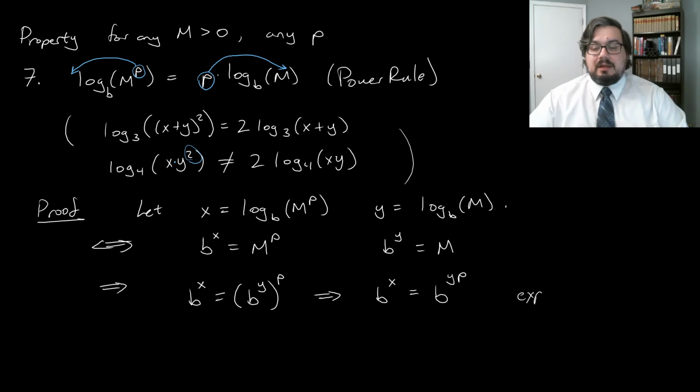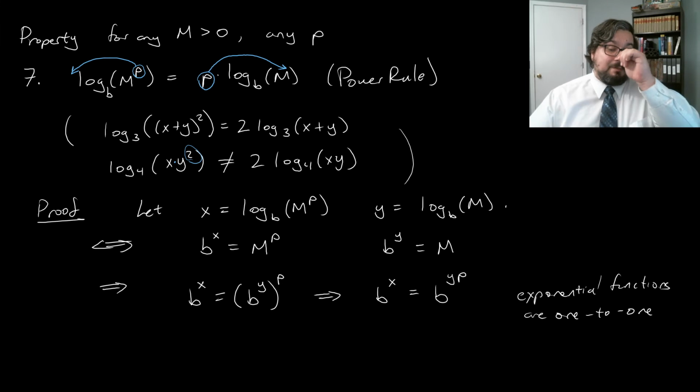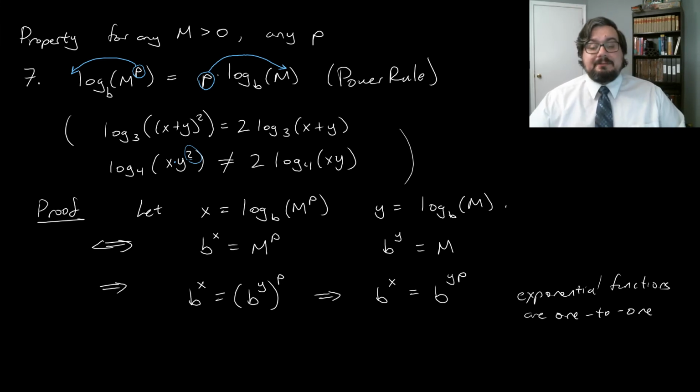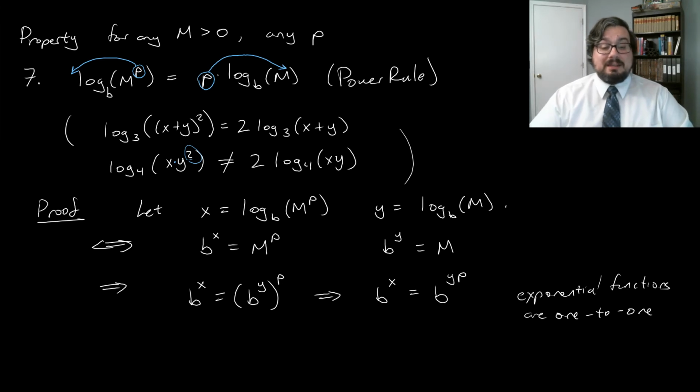So if we have that b to the x equals b to the yp, that is, if the two outputs of the exponential function are equal, that means that the two inputs are equal.